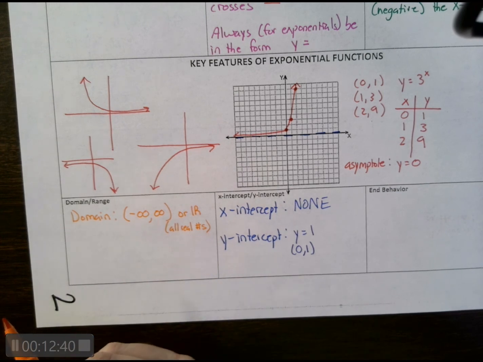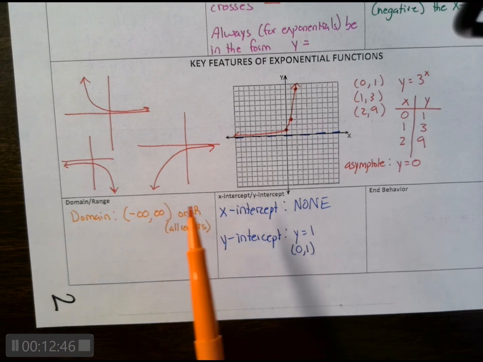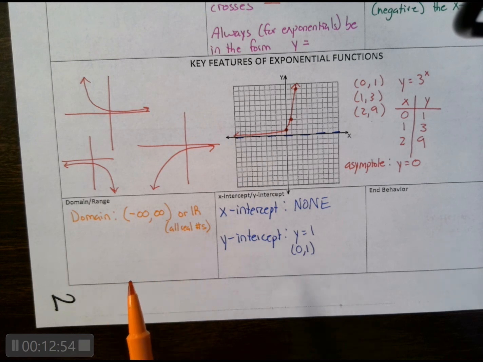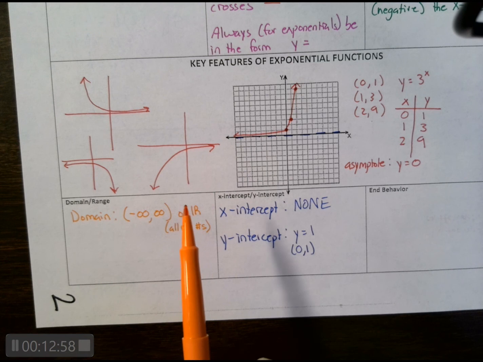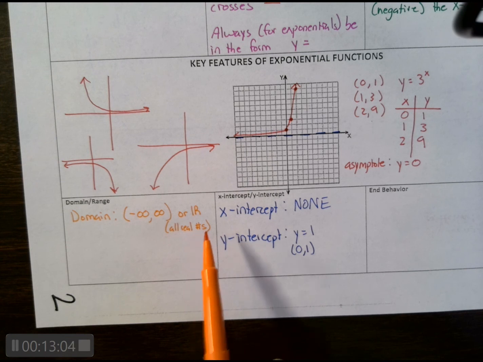Anytime you ever get a graph in algebra, in my class, the domain is always going to be all real numbers. Always. So if I ask you for the domain, what are you going to say? All real numbers. That is what I want you to say from now on if I ever ask for a domain.